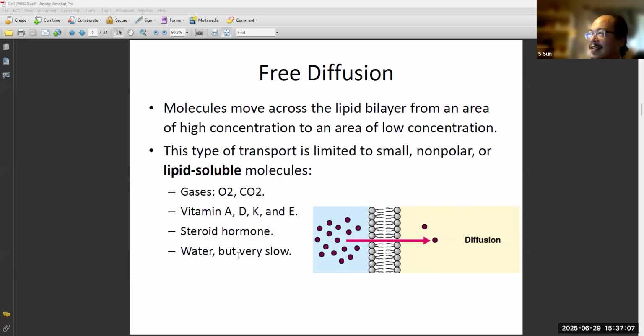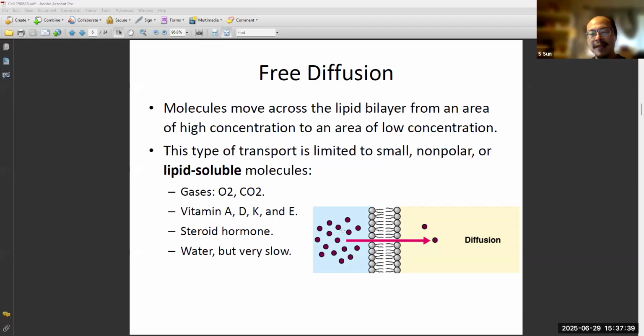You can see that you have several molecules on one side, and because there are more there, they will diffuse away. It's just like when you come into a room and put on perfume: the fragrance will diffuse away from you to the entire room.